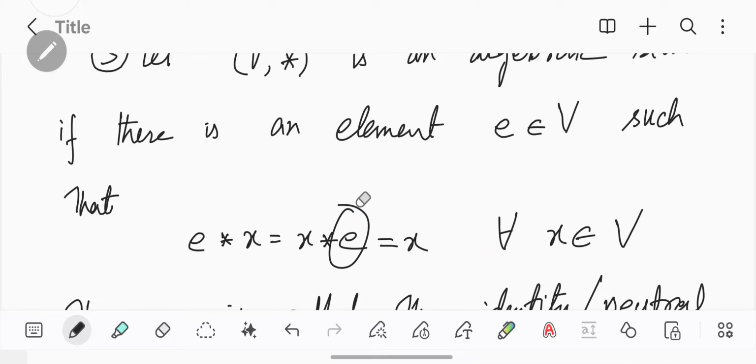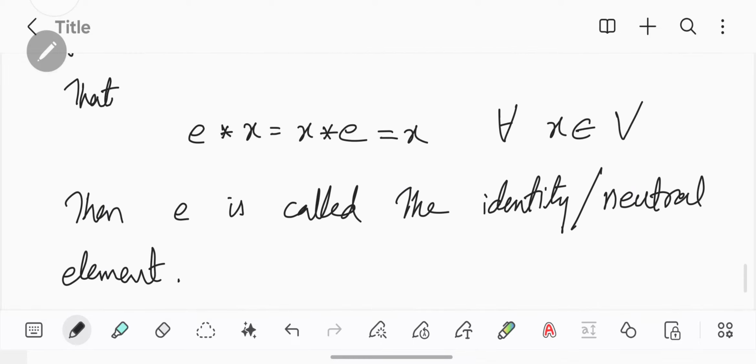That means that element has no effect, right? This means if you operate this element with x, you are getting back x. That means this element has no effect. And it has no effect from the left side as well as from the right side. So from any side it has no effect. That means this element is neutral or the identity element, right?